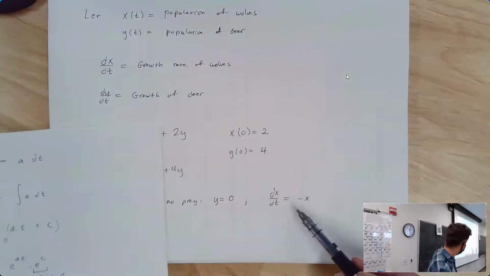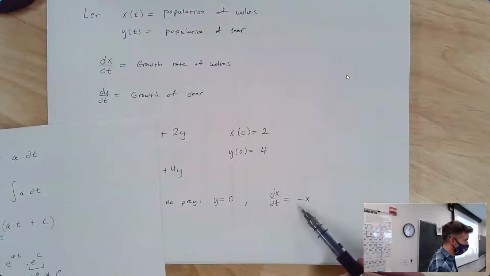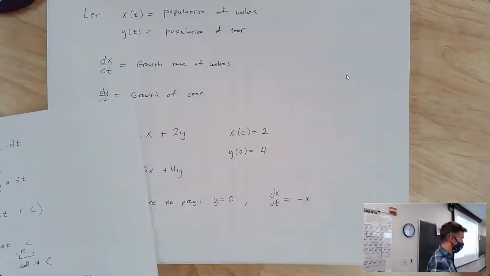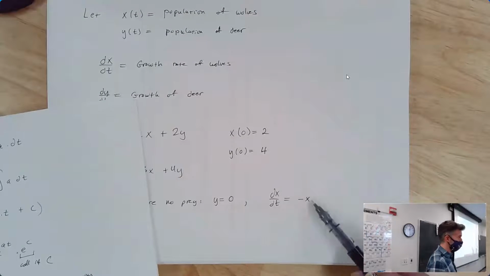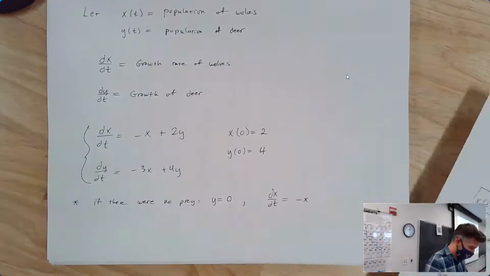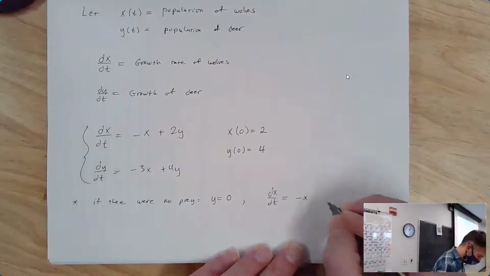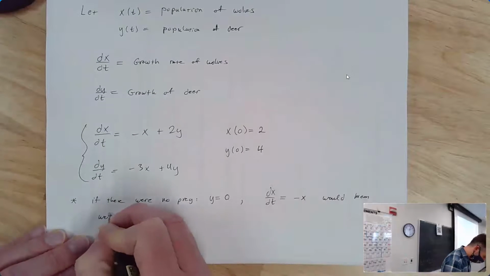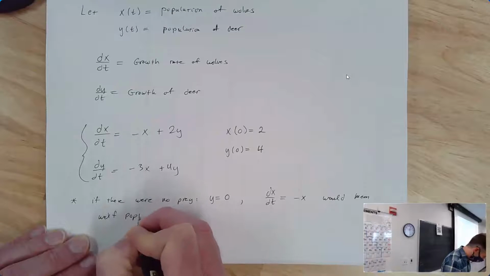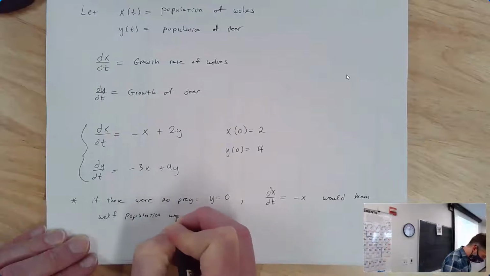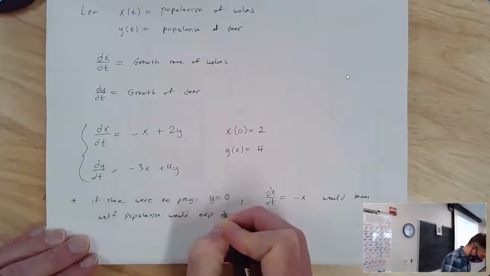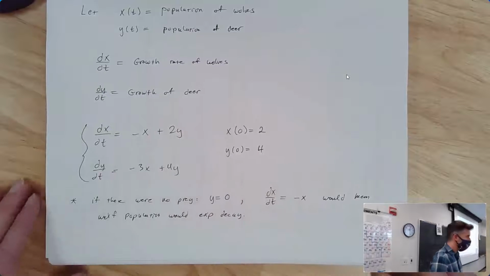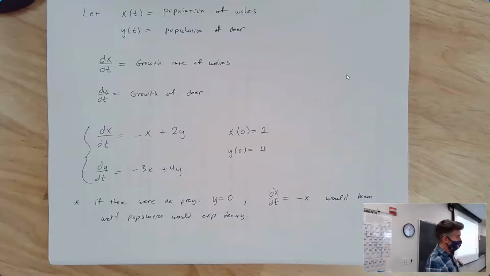It's just here dx/dt is equal to negative 1 times x, which would mean we'd have exponential decay because our a constant is negative. So this would mean that the wolf population would exponentially decay. Which makes sense. If there's no prey, there's no food. If there's no food, you can't make more. You're going to start dying off.